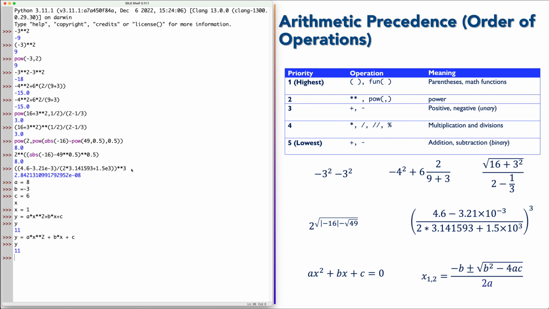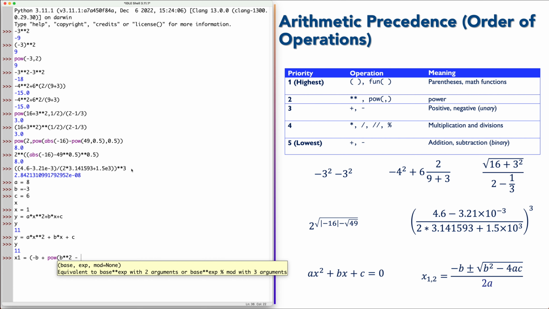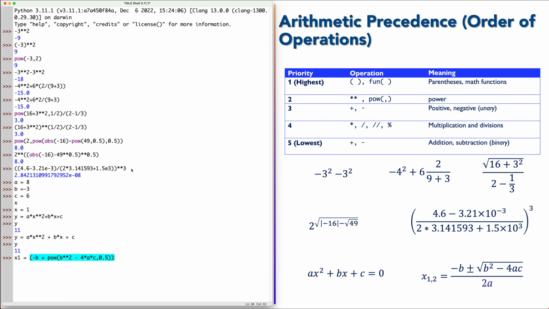Now, if we're going to write the values of x, we can use x1, which is a complex number.